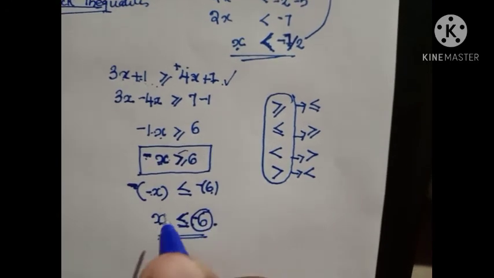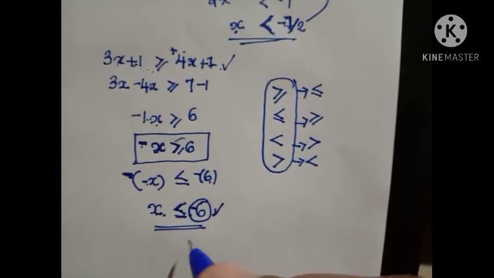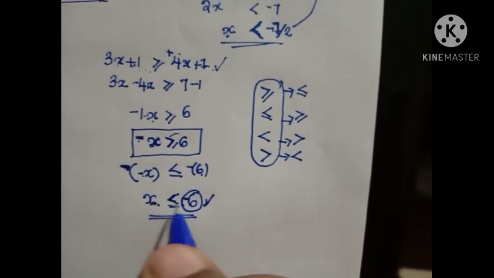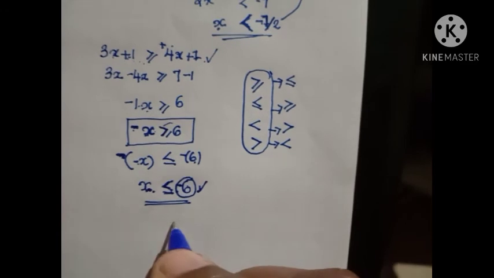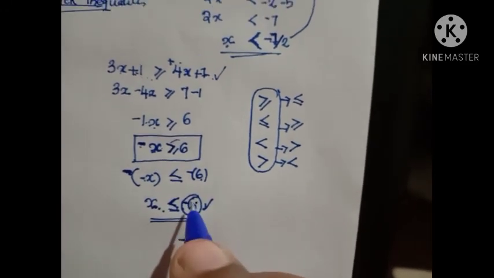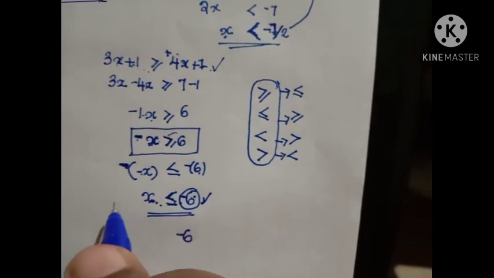Now listen, this inequality can also be written in terms of intervals. So the maximum value of x is minus 6. And the minimum value is what?